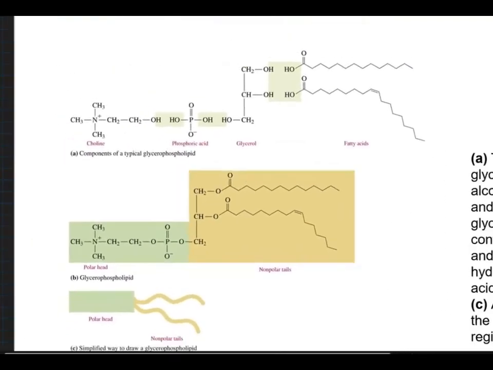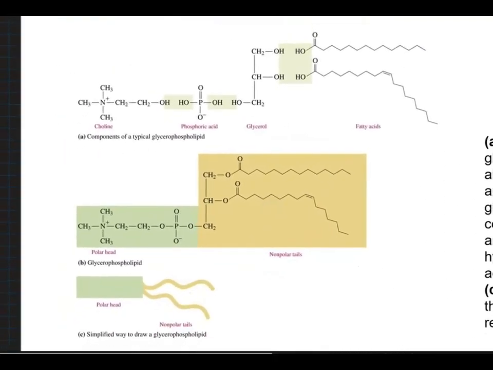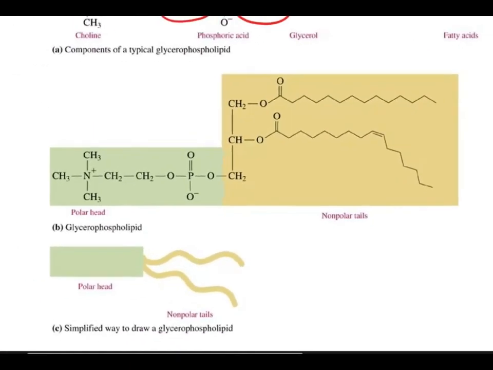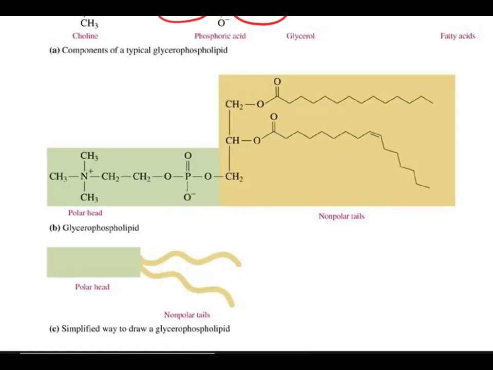So when you start looking at the structure of a glycerophospholipid, you can see that when they form, the phosphoester bonds and just ester bonds effectively produce two very distinct regions in the molecule.